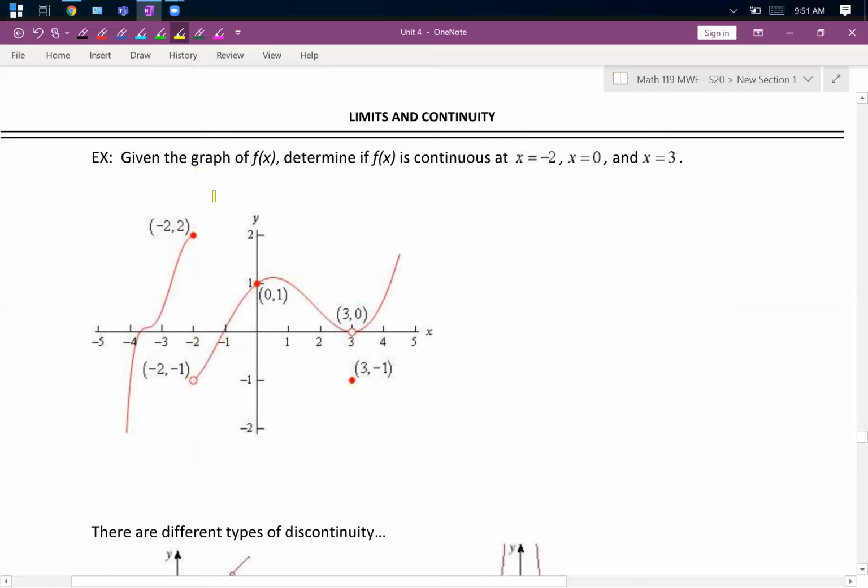Okay, so if we were just drawing this and we were wanting to say any points of discontinuity, I would say that we were discontinuous at x equals 2 and x equals 3, just because I have holes and jumps at that area. Even if you think back to answering these questions when we were graphing piecewise functions.